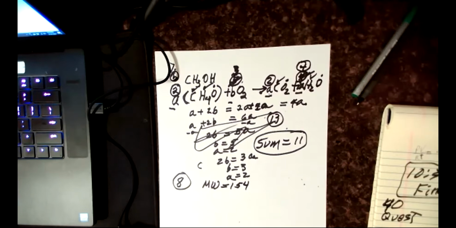So let me see which one looks like it might be that much. Let's try C and see what its molecular weight is. It's 2 times 1.008, that's 2 hydrogens, plus 2 times 12.01, plus 4 times 16. No, that's just 90.